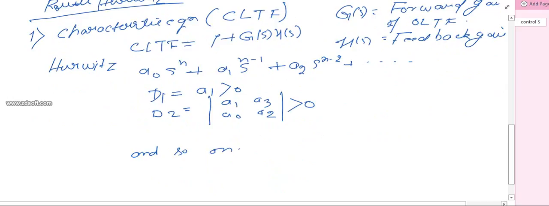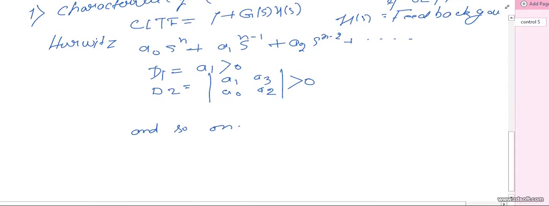For evaluating Hurwitz determinants, a lot of time is involved. However, Routh has simplified the procedure for ascertaining the number of positive real part roots of a polynomial, and the method is called the Routh Hurwitz criteria.